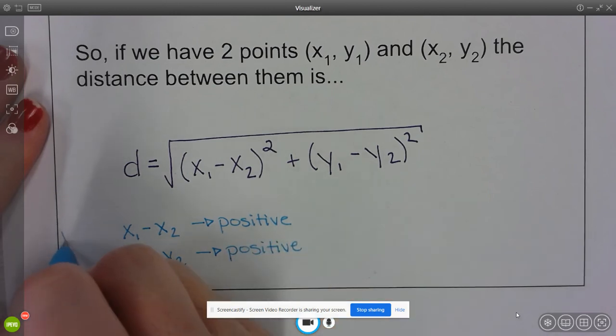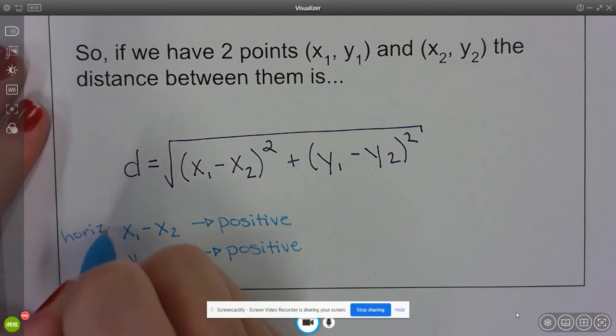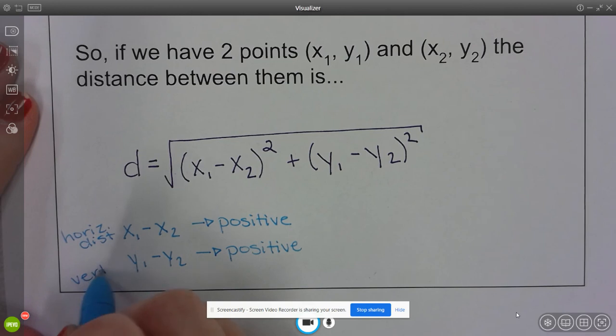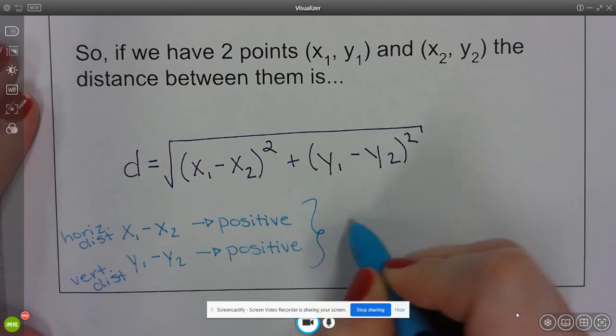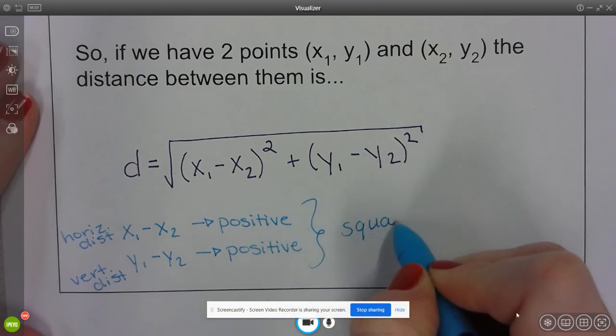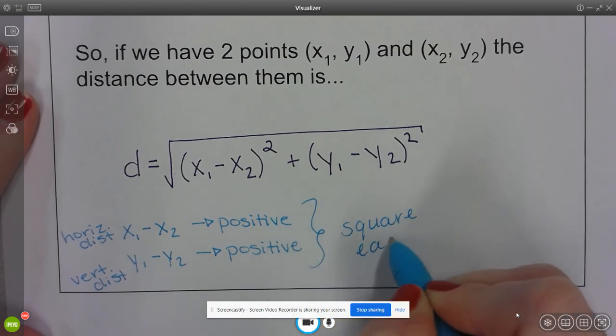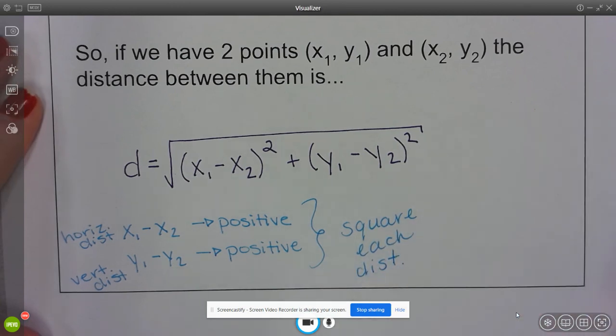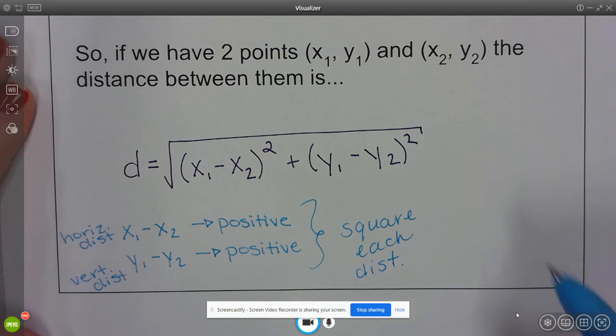So this is our horizontal distance, and this is our vertical distance. I take that number and I square each number. So we square each distance, and then I add them together, and then I take the square root.